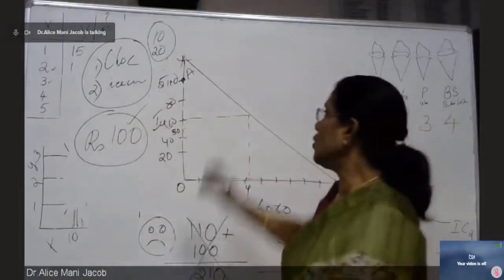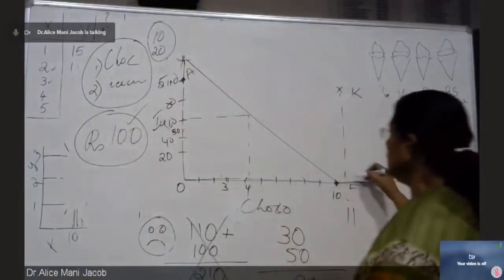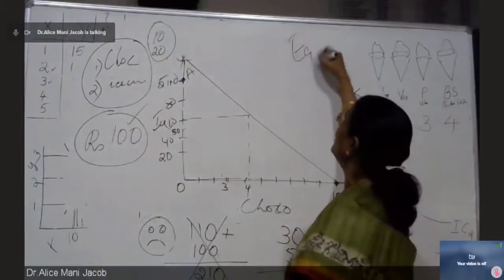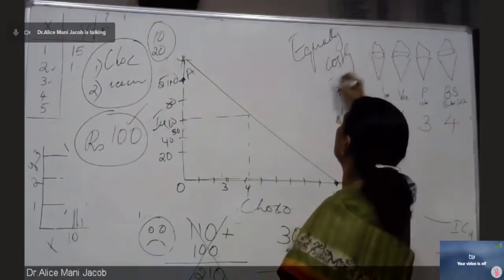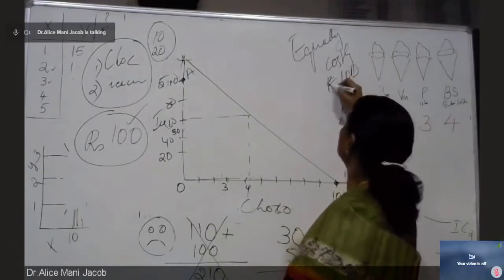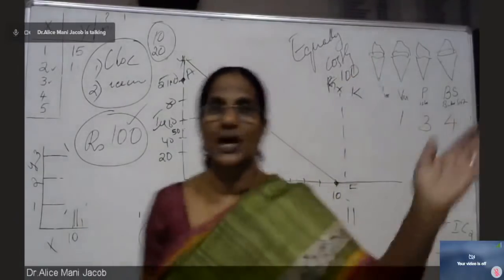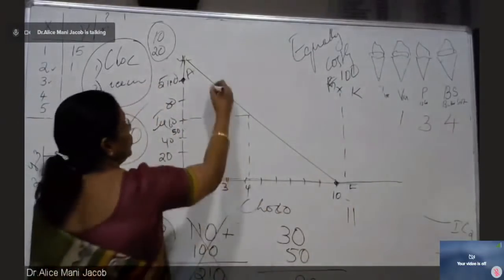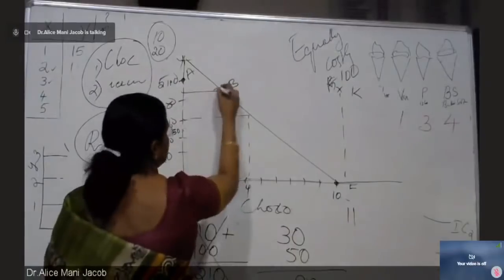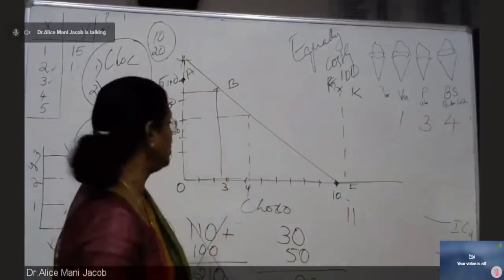And so, wherever you are on the budget line, it is equally costly. That is equal to 100 rupees. You choose where you want to be. You can choose A, you can choose B. B is 4 ice creams and 2 chocolates.